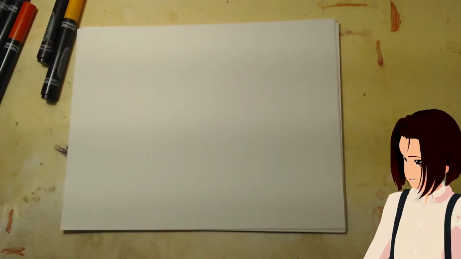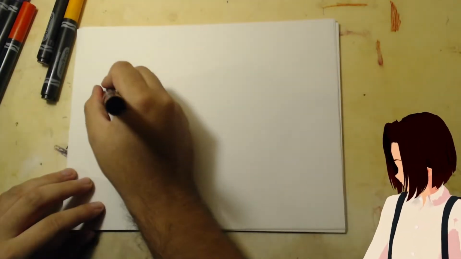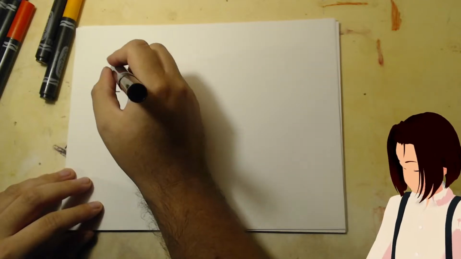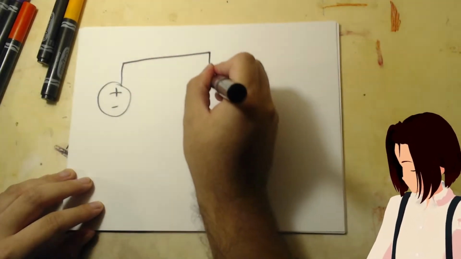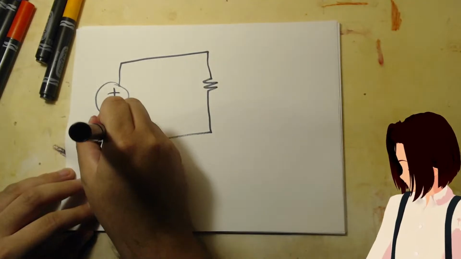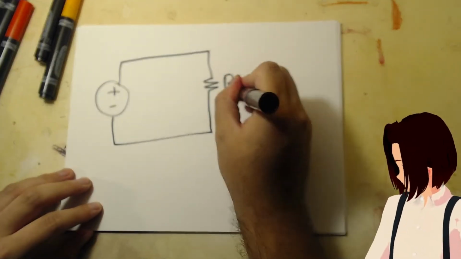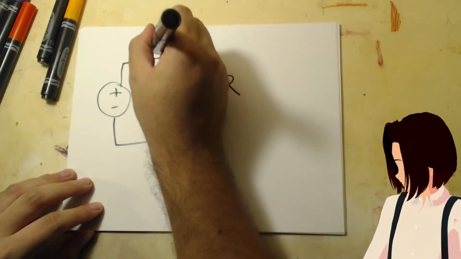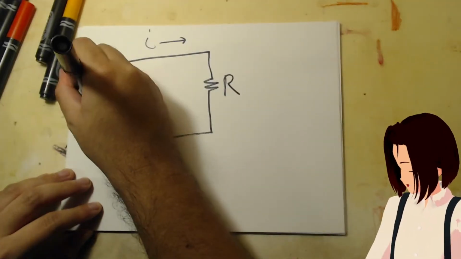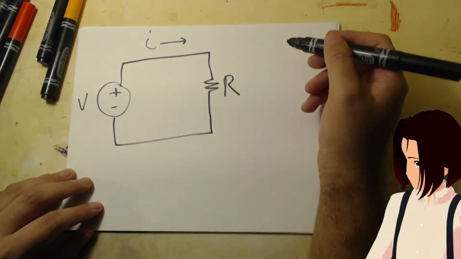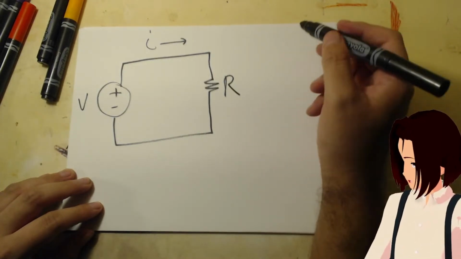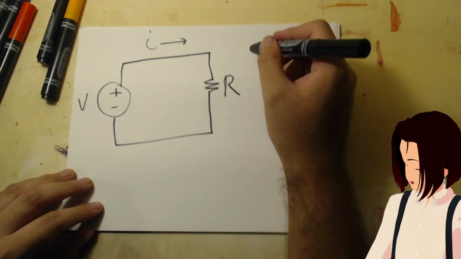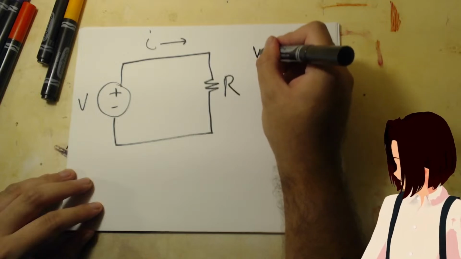Okay, so here's one circuit problem. And we have I. We have V. So typically you have something like this, and they give you what VG is.